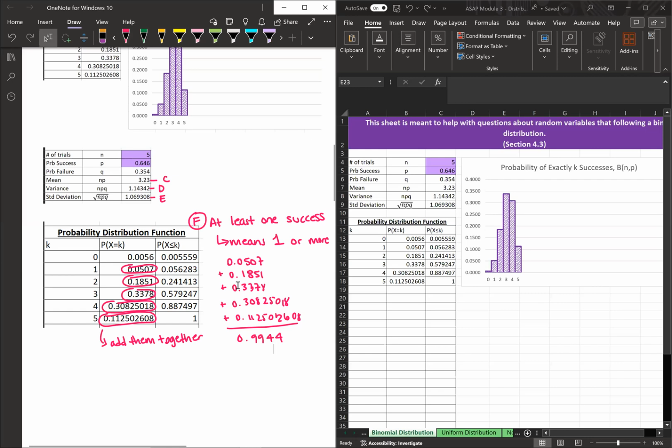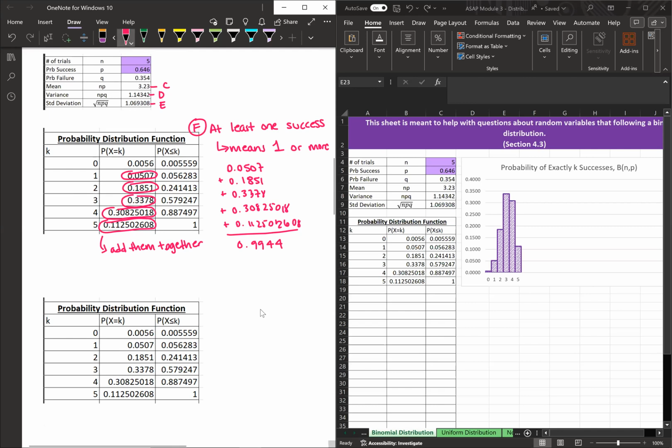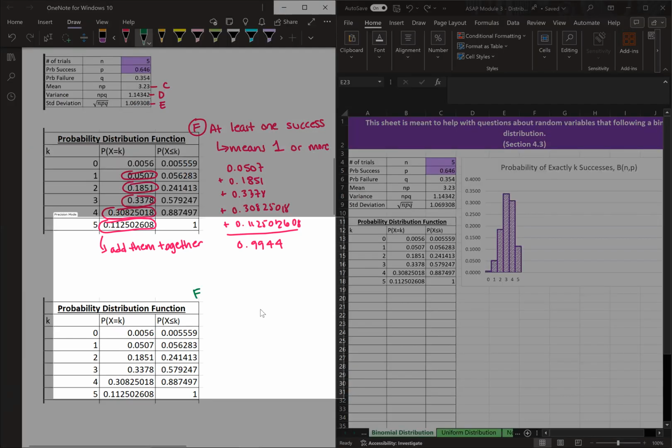There's another way to do at least one. So if I take this and let's do a repeat on F. I'm going to do it in green. So this is still F, at least one. And to me, at least one, another way you can think about it is it's not none. So it's the complement.